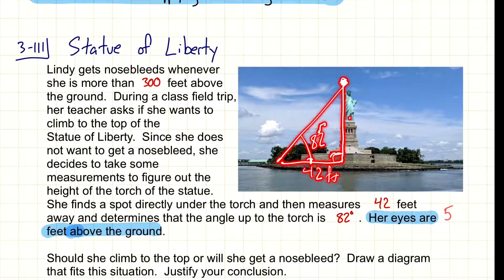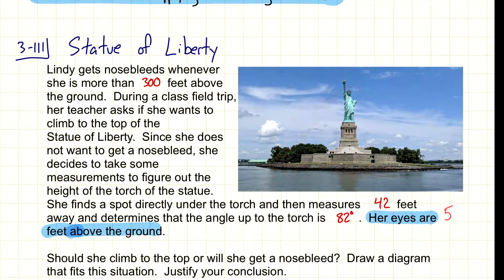So our goal is to figure out the height of this. So there is one extra piece of information they give us, her eye height. Why do they give us her eye height? Well, if you think about it, when you look up, you look up through your eyes, right? Not the top of your head.